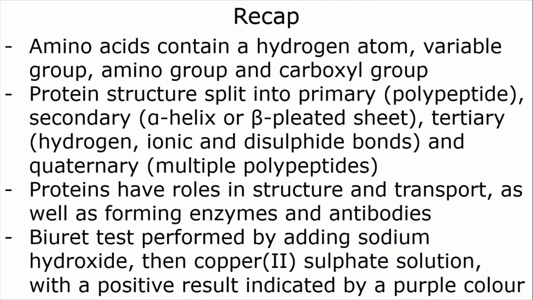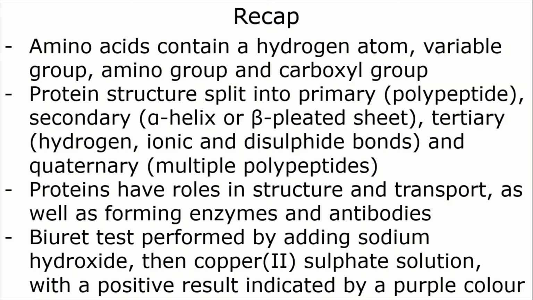We've learnt that protein structure is split into primary, secondary, tertiary, and quaternary. So we start off with a polypeptide chain. This folds to form alpha helices and beta pleated sheets. Then there's further folding and formation of hydrogen, ionic, and disulfide bonds. And eventually we move on to quaternary structure, where multiple polypeptides can form this larger structure.